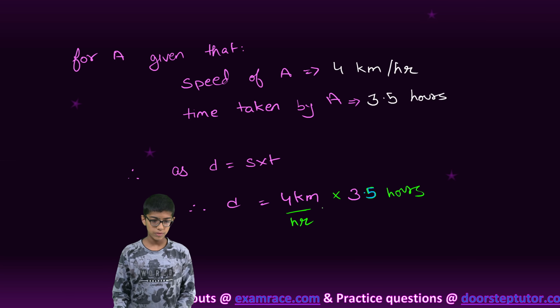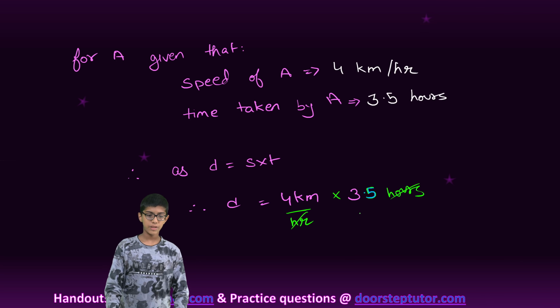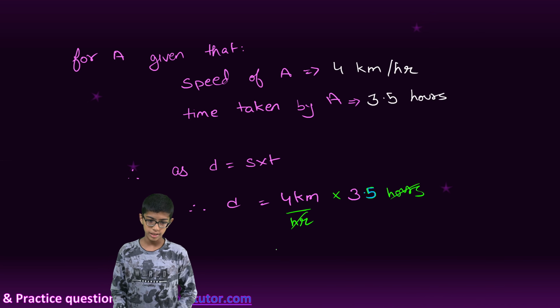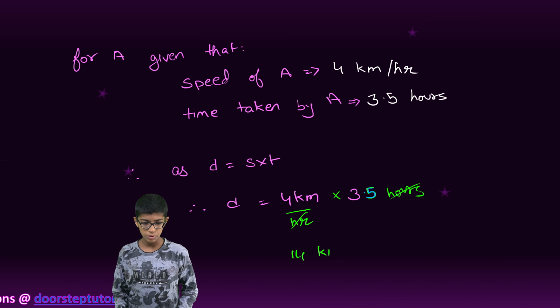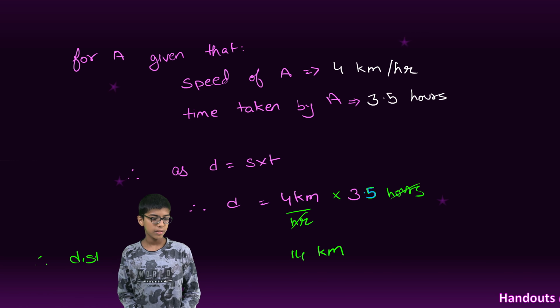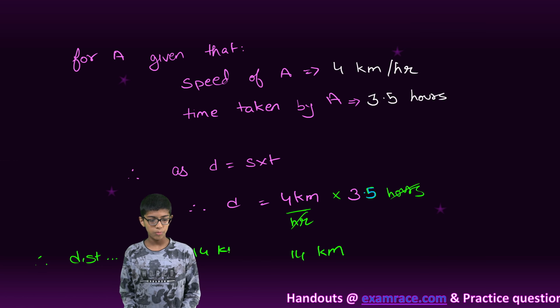Now hours will cancel out and we get 4 km into 3.5. Isn't it correct? Yes. So that is 14 kilometers. Therefore, distance travelled by A equals 14 kilometers.